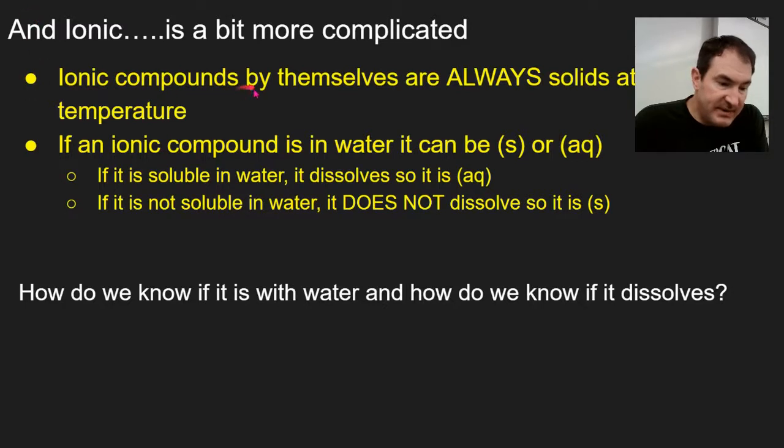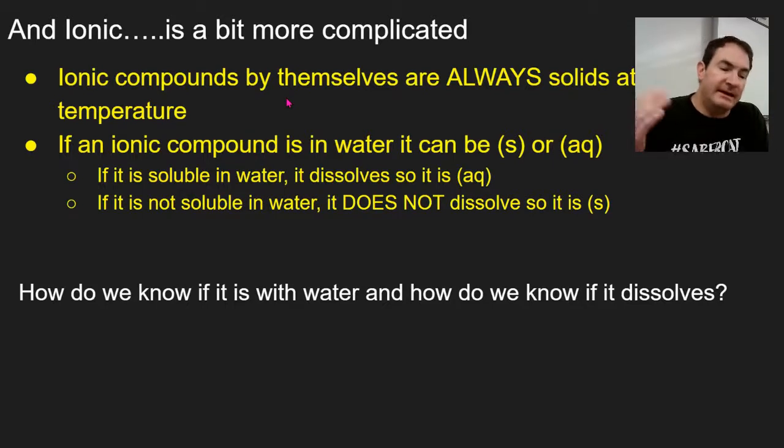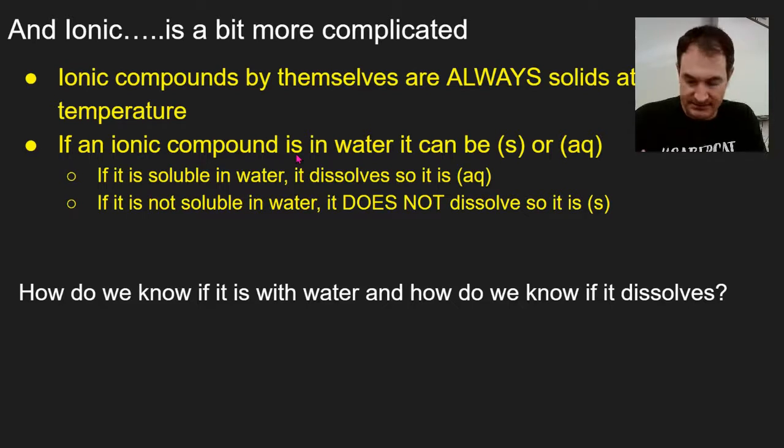Ionic compounds by themselves are always solids at room temperature. So if I have any ionic compound that's not in water, just by itself, it's going to be a solid. However, if an ionic compound is with water, meaning I have a beaker of water and I put some copper sulfate or some other ionic compound in that water, it might dissolve and be aqueous, or it might not dissolve and therefore stay a solid at the bottom of the beaker with the water in it.